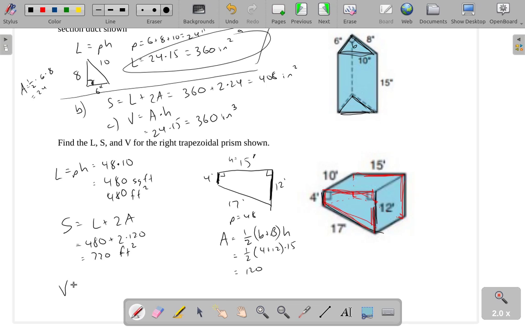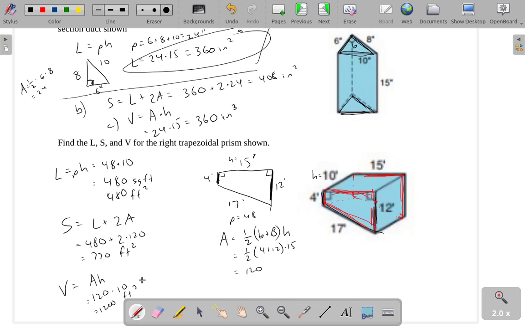And lastly, the volume of my trapezoidal prism is the area of the base times the height, and this is again the height of the prism, not the height of the trapezoid. So this would be 120, and this right here was the height of the prism, that 10. So 120 times 10, which gives me 1,200 cubic feet.